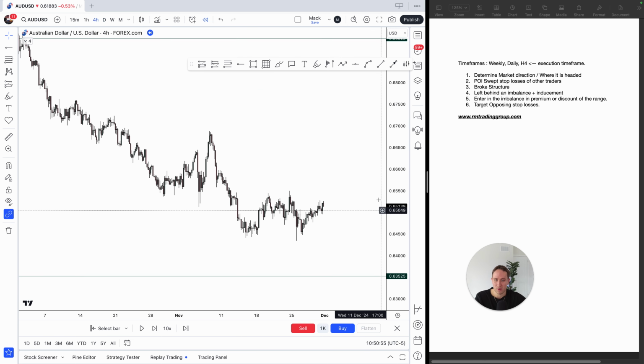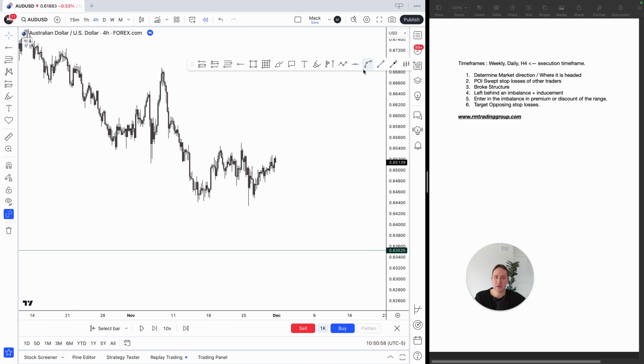Okay, so now we can go to the 4-hour time frame. And what we want to see is something like this, right? We want to see something where we sweep liquidity, we sweep those stop losses, we have a structure shift down like this, and then we retrace like this, and then we look to short like that. So let's go through the steps. This model right here, this is step two.